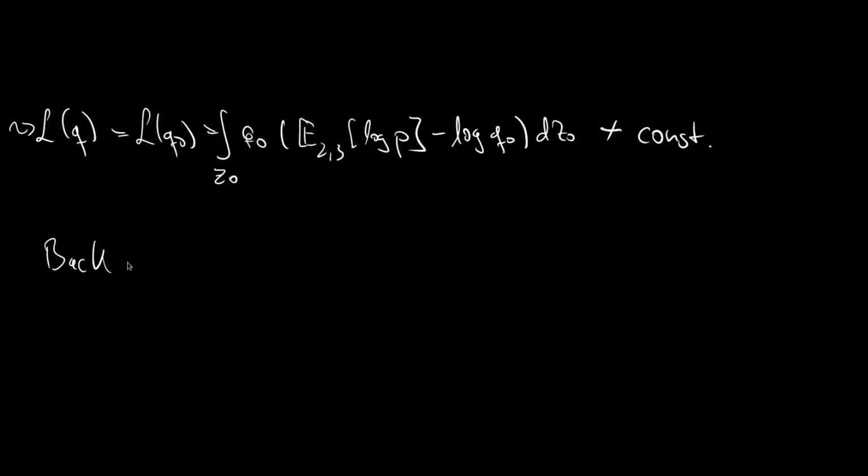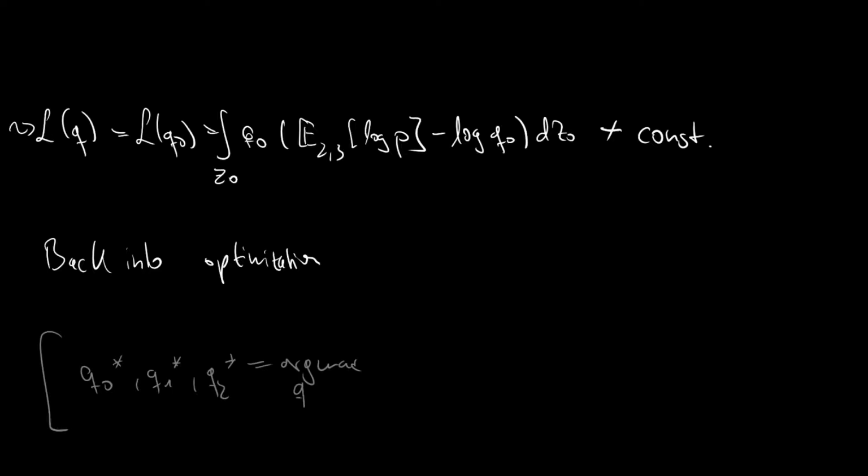So back into optimization, and recall the optimization problem was Q0 star, Q1 star, and Q2 star is the arg max over all Q1s, Q2, and also the Q0 surely, over the ELBO of the Q. And if we now fix Q1 and Q2, or in other words, we make some sort of iterative optimization updates, so once we fix Q1 and Q2, then we update Q0, then we fix Q0 and Q2, and we update Q1, and so on and so forth, for instance cyclically, then we can find a general derivation for the Q0.